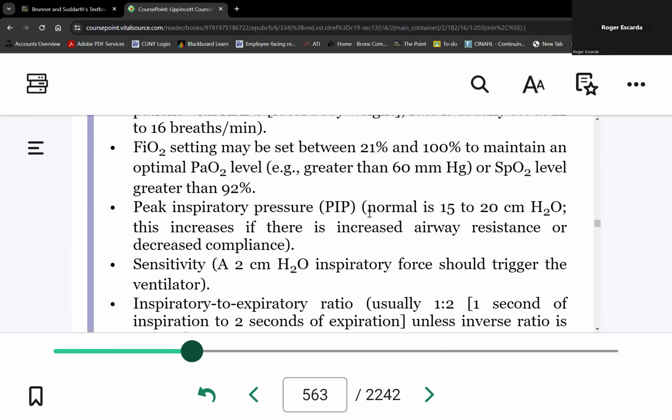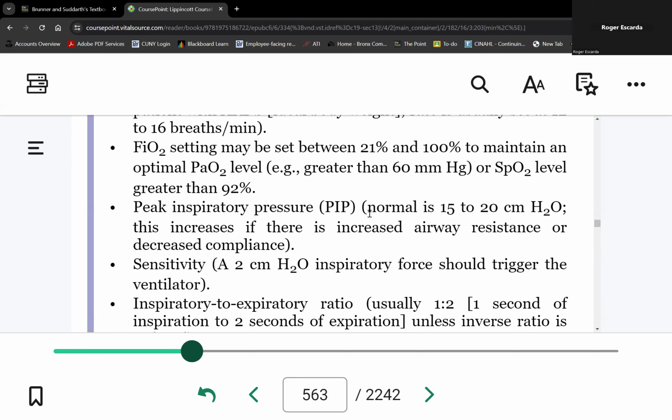If the lungs are wet, how much is the compliance? Low. Low compliance is not very pliable, right? So how much pressure will the vent have to apply in order to deliver the set tidal volume against a very non-compliant, very wet lung?